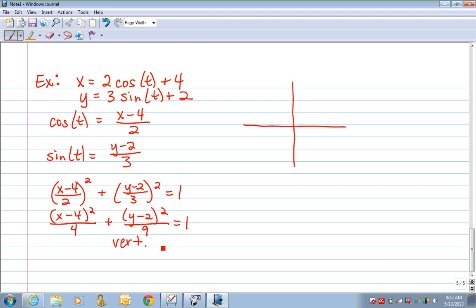I know the major axis is vertical, and that means that A would be 3 and B is 2. And that my center is h, k, which would be 4, 2. If I plot 4, 2, and I go vertically the A amount, and horizontally the B amount, as a quick sketch, I get my ellipse. That is a vertical ellipse.